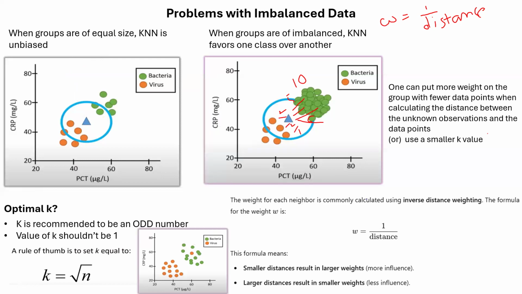As it is close to the outlier, which is virus, when K is equal to 1 you assign it as virus. So when you choose K equal to 1, it is more prone to outliers, right? So you should never choose K equal to 1.